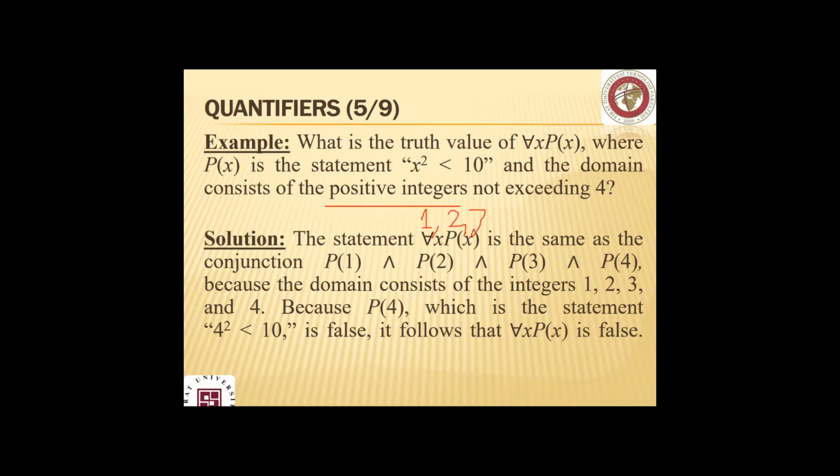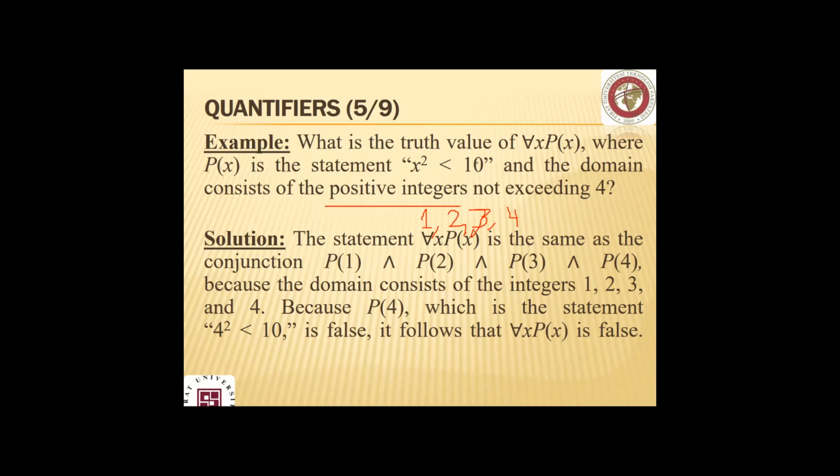So 1, 2, 3, I'm sorry about this typing, and 4. So in this case, we have only these four discrete elements. We take their predicate and find 1 squared is 1, less than 10, that's fine. 2 squared is 4, less than 10, that's also acceptable, true.